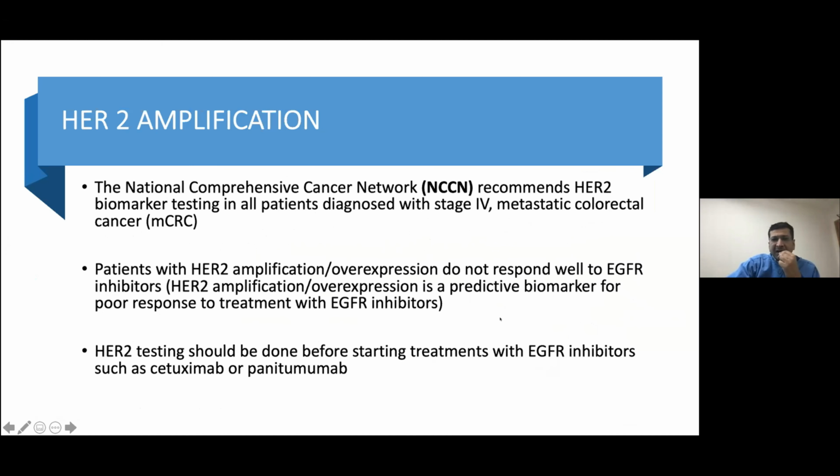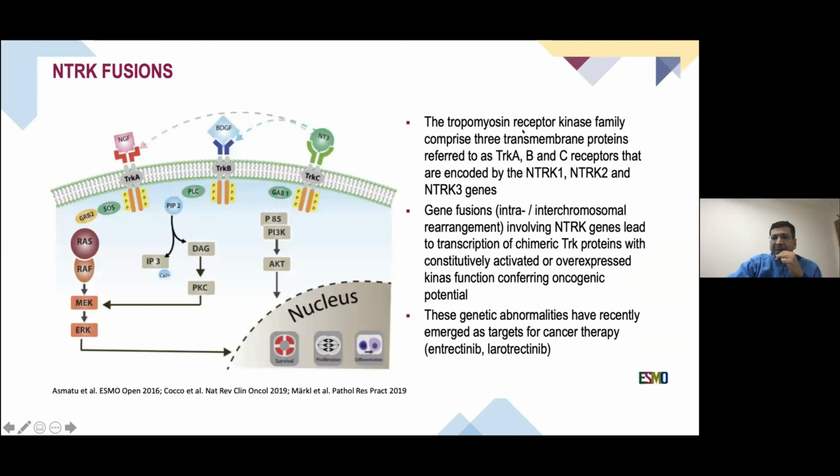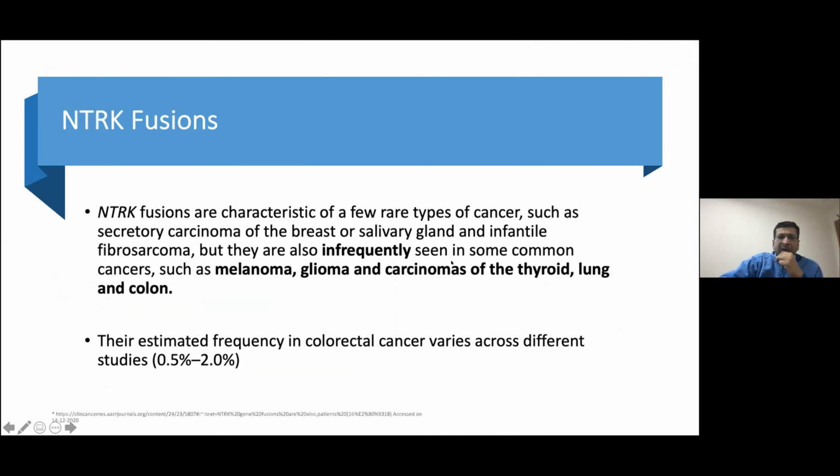And we can check it either by IHC or NGS panel or by doing FISH studies. The important emerging factors are the NTRK fusions, which is the tropomyosin receptor kinase receptors. It consists of transmembrane proteins, and they have their own receptors, though the frequency in colorectal cancer is very low.